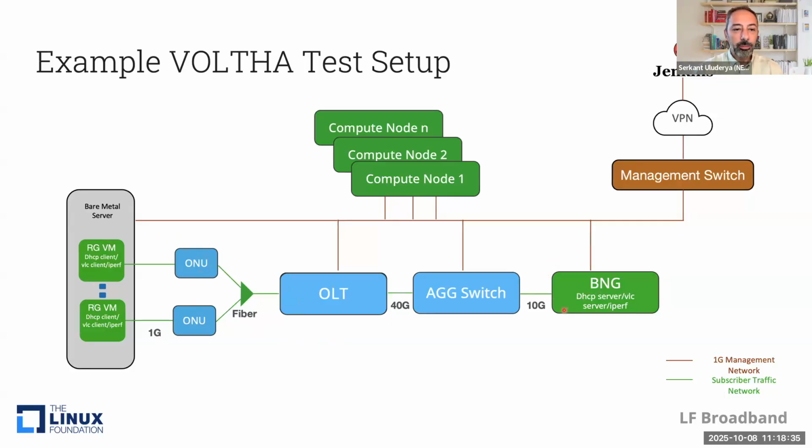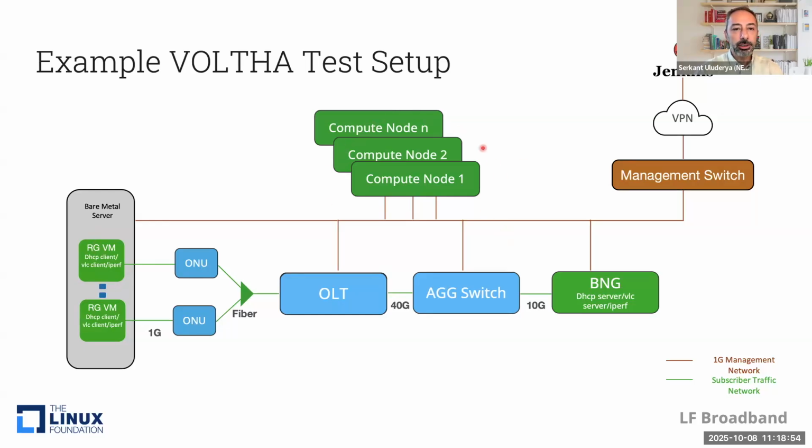So you can simulate the BNG here. Also, using different Linux instances, you can install some software into your Linux machines and then simulate the RGs, or you can plug into real RGs if you have.